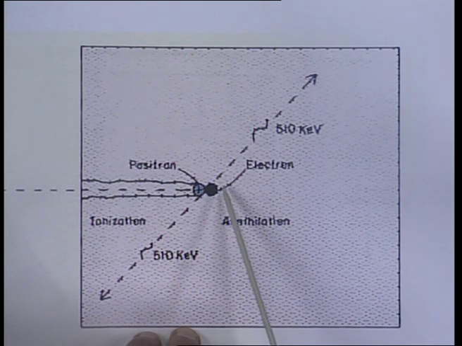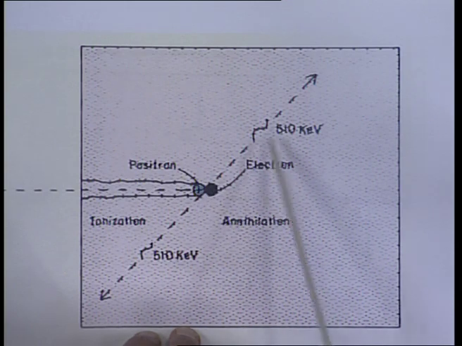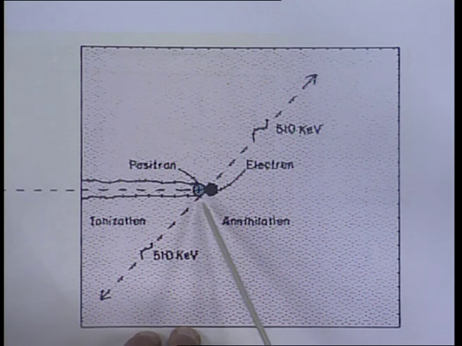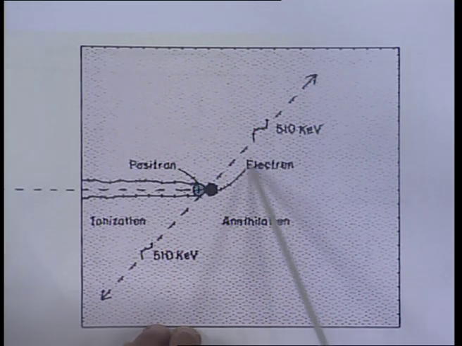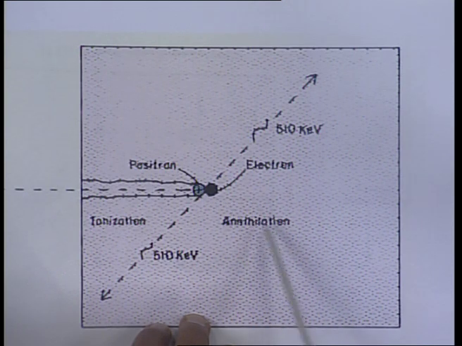Then they collide and annihilate, and produce the energy equivalent of the electron and the energy equivalent of the positron. The energy released is also shown here. That means annihilation of matter and creation of matter are both observed in pair production.